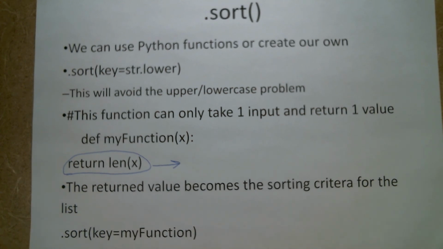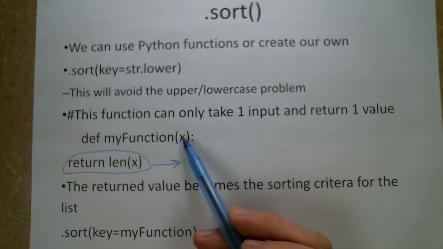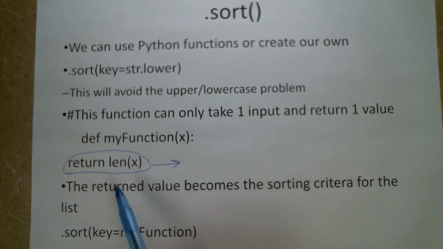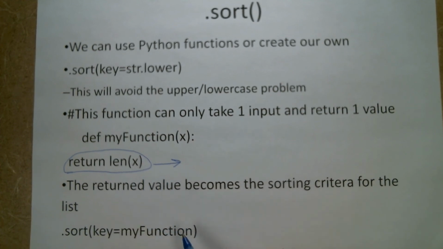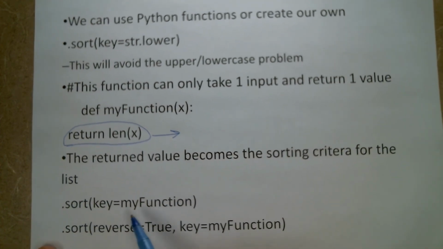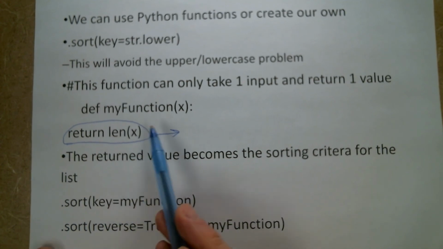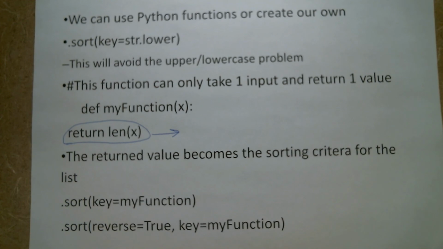You could create a little function that takes in a string as a parameter. It returns the length of the string, and then that function can be your sorting criteria. And you would just say key equals my function, because that was the name that you used.